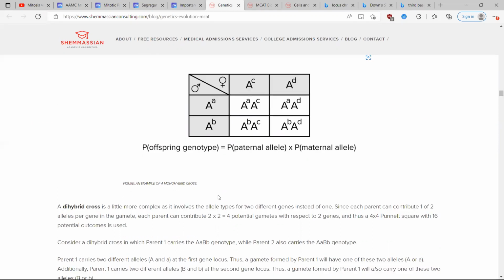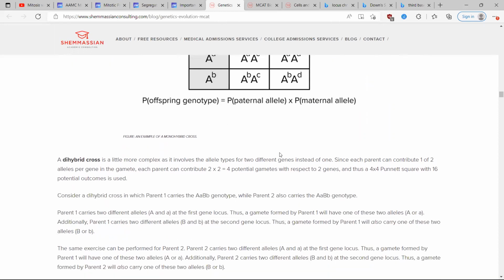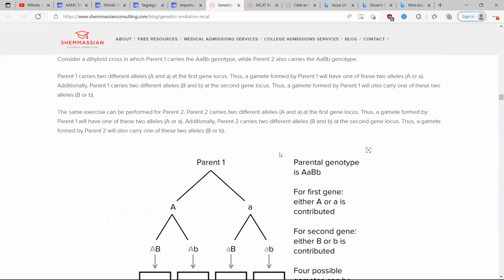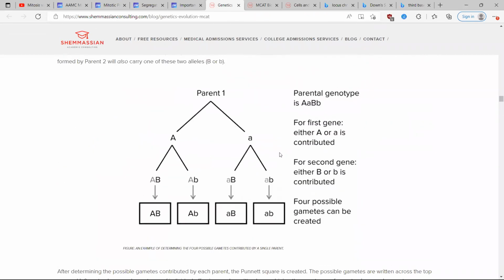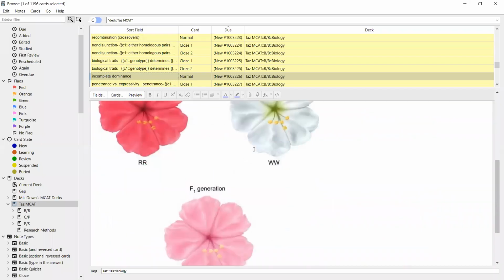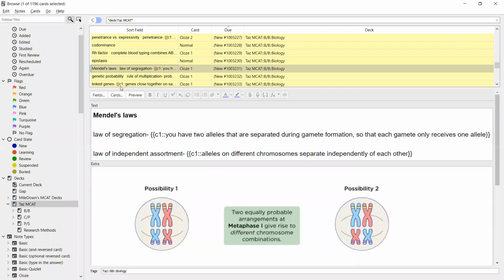And of course, it's a 1 in 4 chance to get a particular genotype. However, this doesn't mean that you will see the same thing with the phenotypes, because of dominance and recessiveness. So I had a good one here, but I don't know where it is.